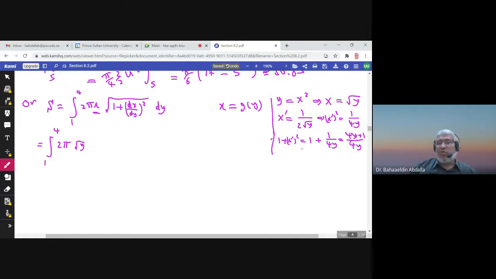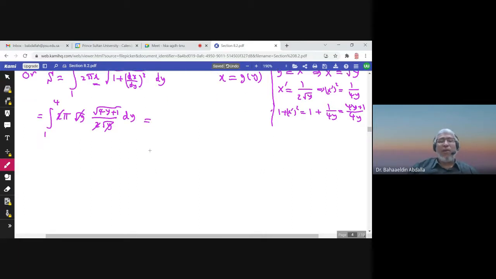And now square root of 1 plus x prime square is the square root of 4y plus 1 over the square root of 4y. Square root of 4 is 2 times the square root of y dy. 2 cancels with 2, square root of y cancels with square root of y, and the integral of 4y plus 1, this is a linear function, so pi comes out, and 4y plus 1, I raise it to the power half plus 1, which is 3 over 2 times 2 over 3 from 1 to 4.